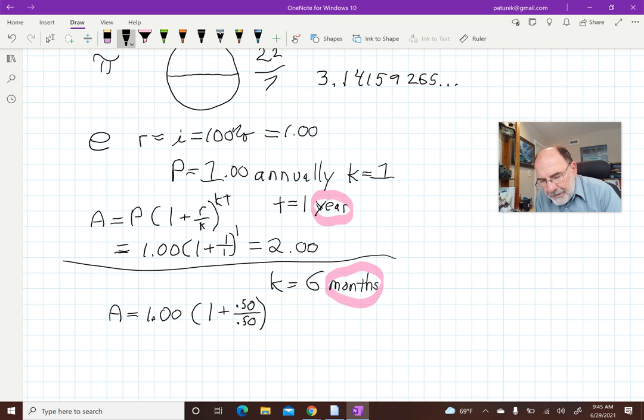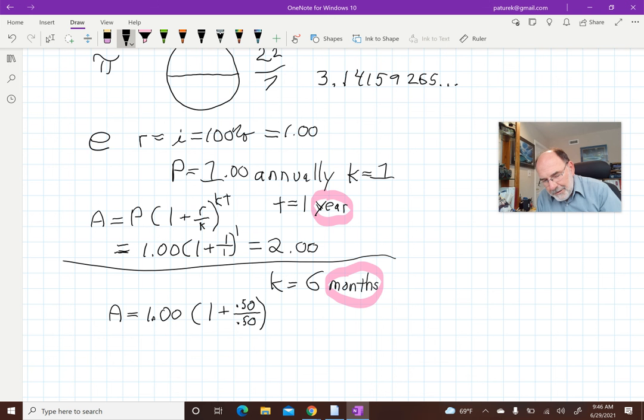Now, what do we have going on as the exponent? I think I should express it by saying it is the amount of time it takes to compound things times the total amount of time.